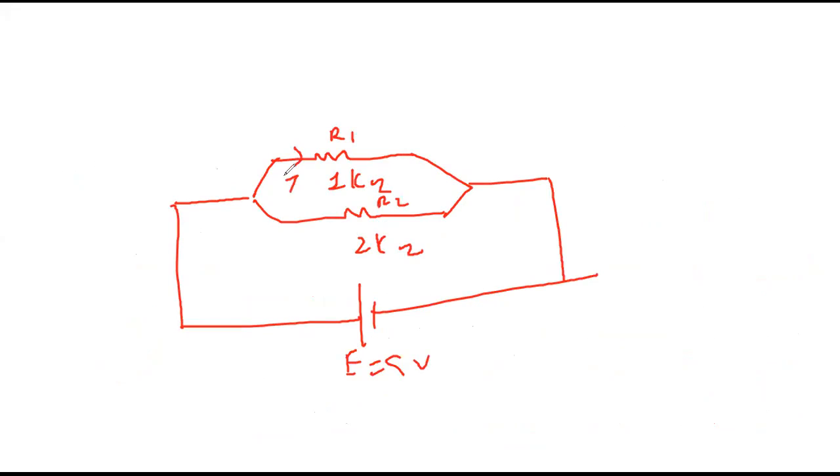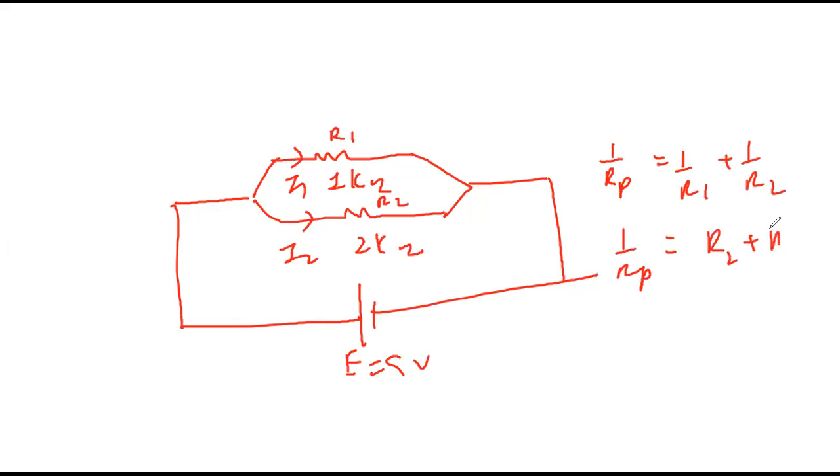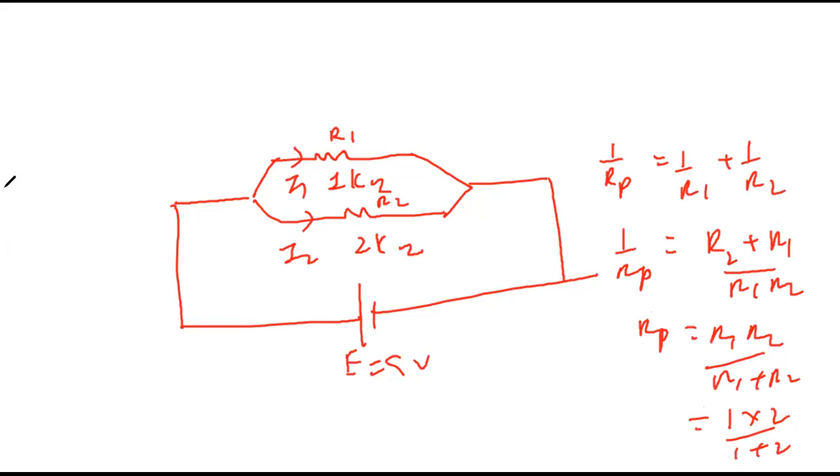Calculate current through each branch. First, 1 upon R parallel is 1 upon R1 plus 1 upon R2. So the reciprocal will become product upon sum. You can write the direct formula also. So 1 into 2 upon 1 plus 2, that is 2 by 3 kilo ohms.